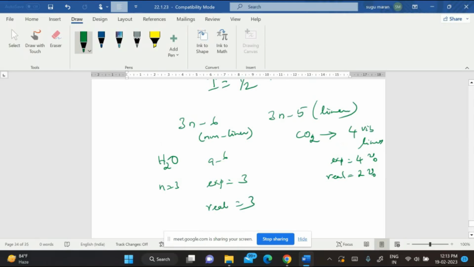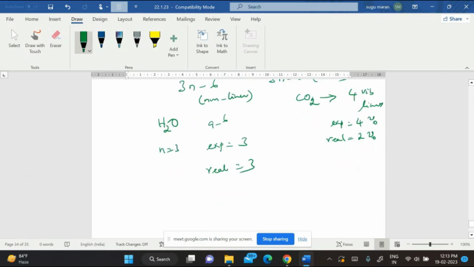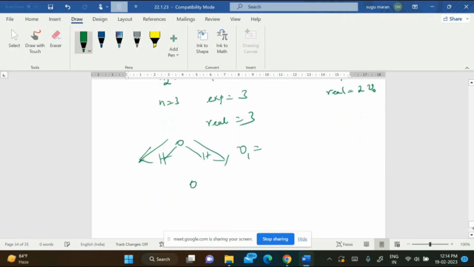This is also another way of looking at whether a molecule is highly symmetric. For a highly symmetric molecule with a center of symmetry, there is some difference. Take the water molecule. One band is for the symmetric stretching, and another for the asymmetric stretching, where one bond is compressed and the other is elongated.